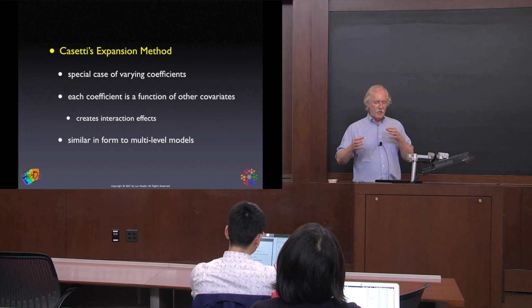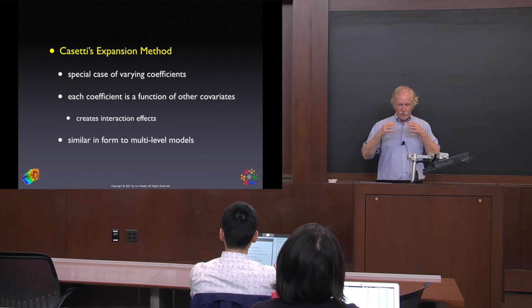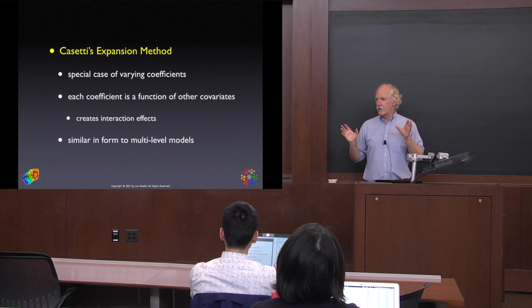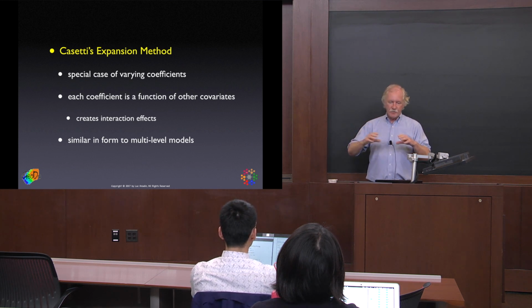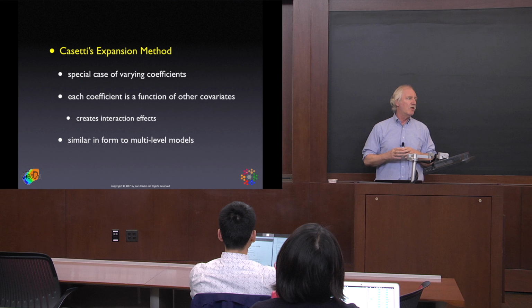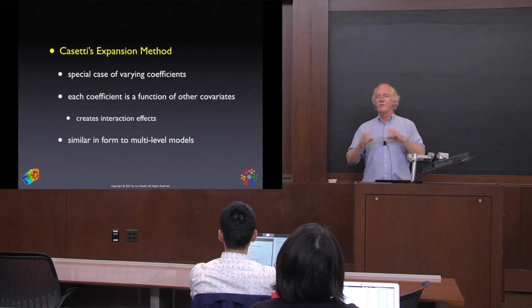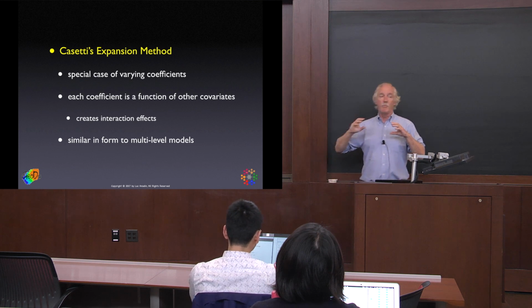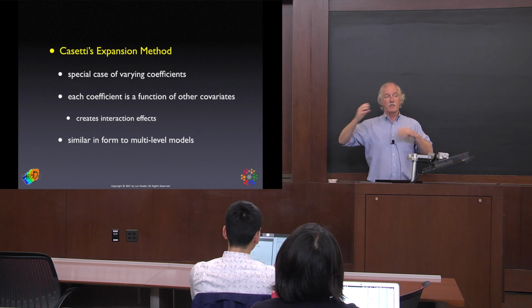And the formal representation, if you've done multi-level modeling, you will recognize it as very similar. The main difference is that in, or at least in the original form of the expansion method, everything pertains to the same spatial unit, whereas in a multi-level model, it does not.